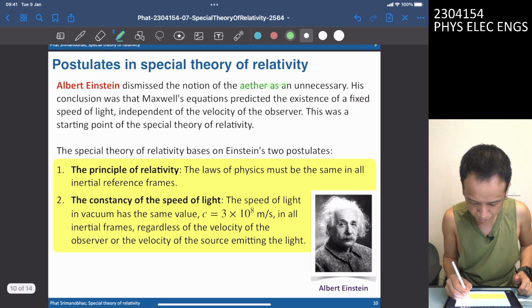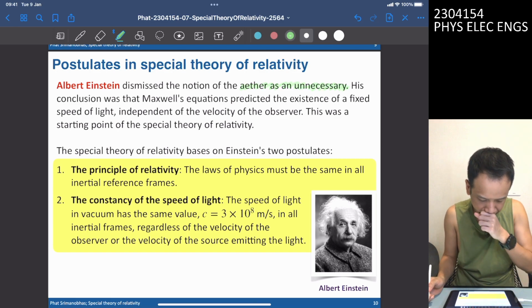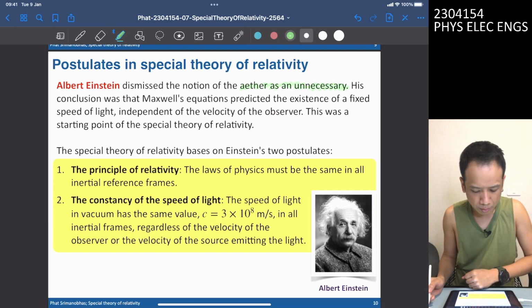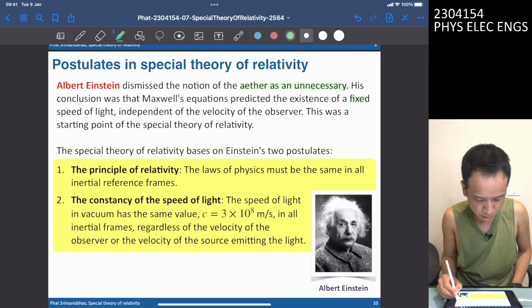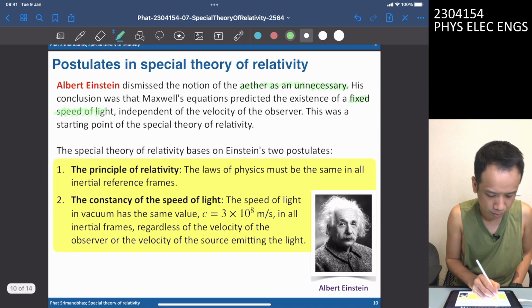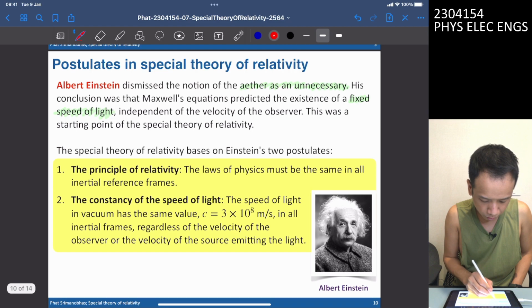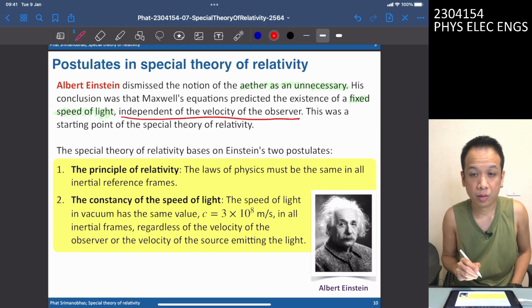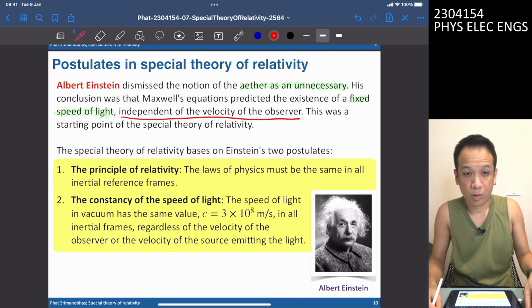The ether is unnecessary. And the conclusion from the Maxwell equations is that light should have a fixed speed, just one value, independent of the velocity of the observer. So this is the starting point of the special theory of relativity.